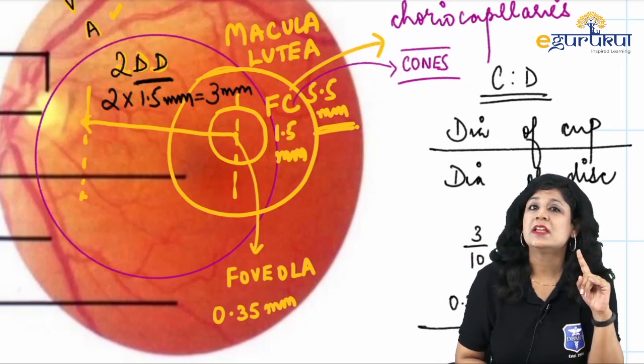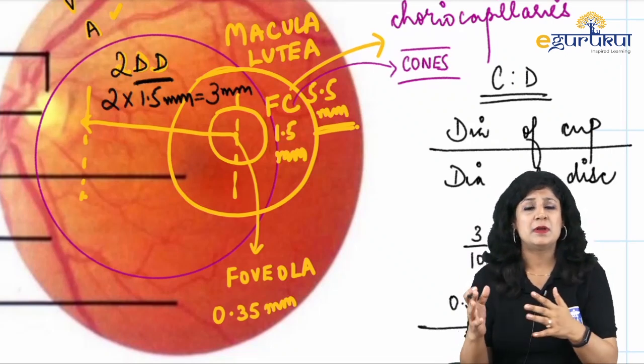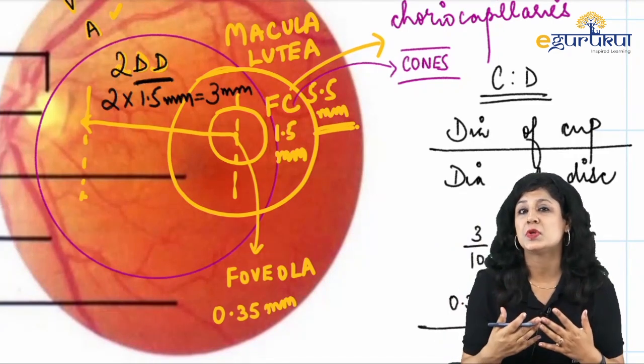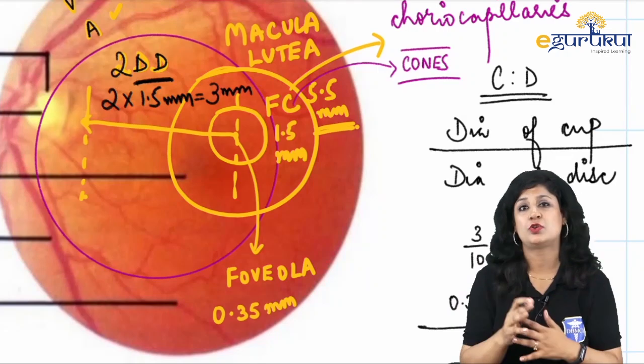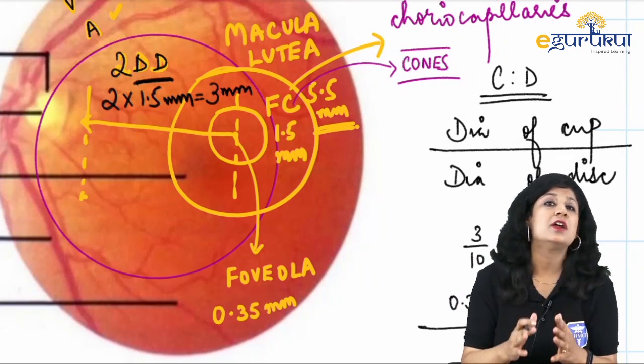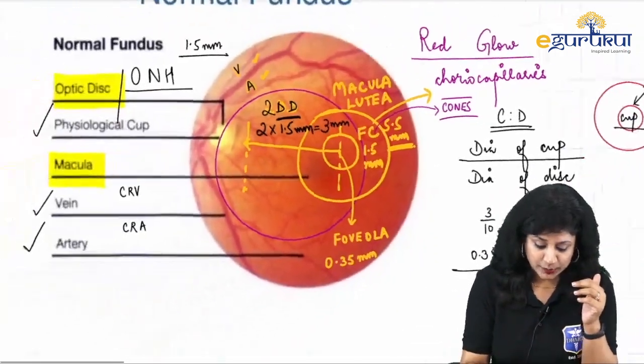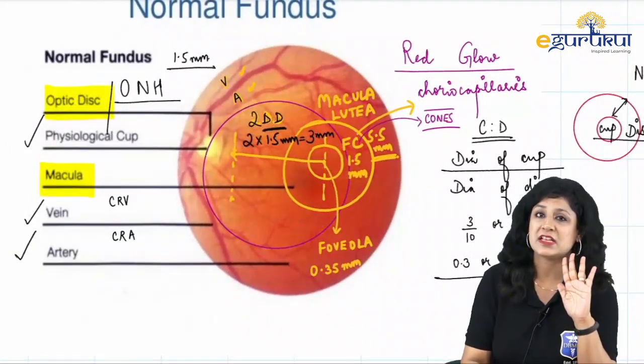So that helps in the dim light. So whenever we have a problem with the periphery of the retina, rods are affected, we are going to get the night blindness sort of symptoms, because they are not helping us to see in the dim light. So I hope this first normal fundus is very clear.